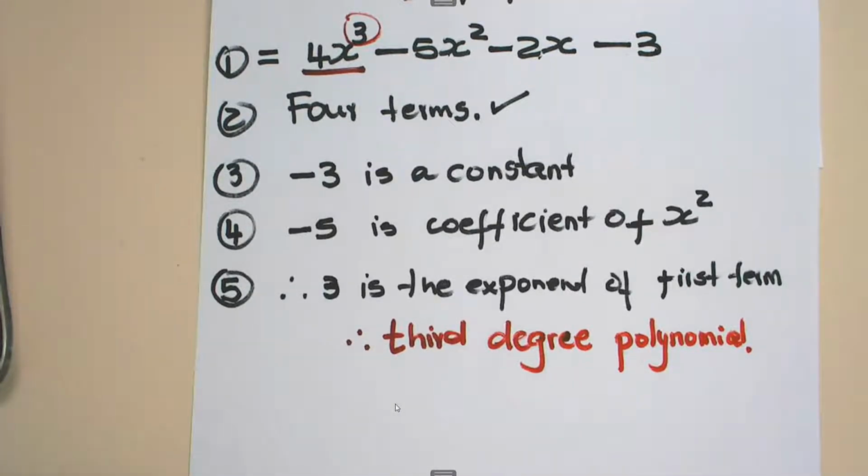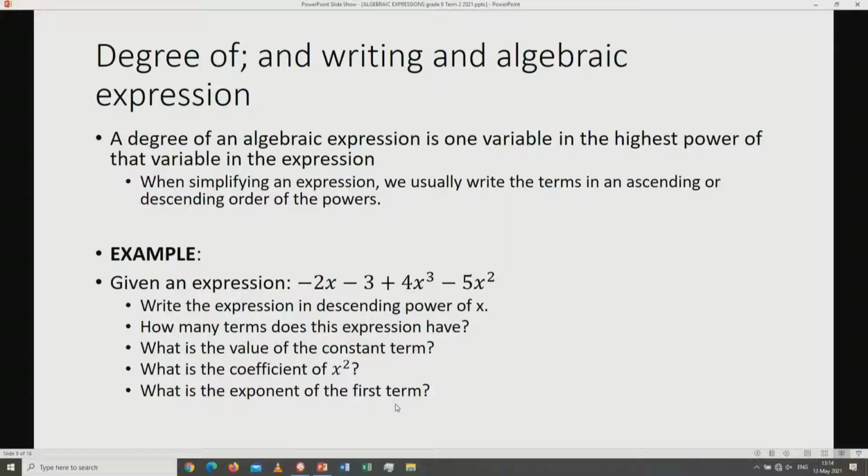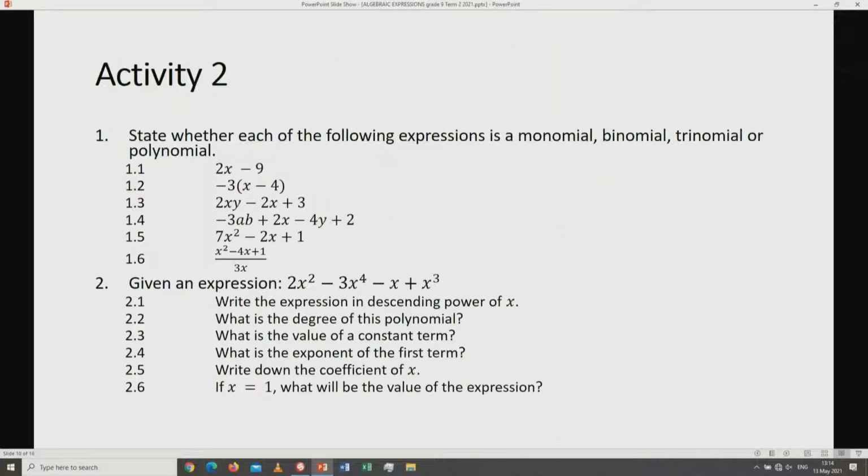All right, I'm just going to give you a few minutes. In this activity, I'm going to ask you to state whether each of the following expressions is a monomial, a binomial, a trinomial, or just a polynomial. And then from there, the other one, you're going to write the expression in descending power of x.